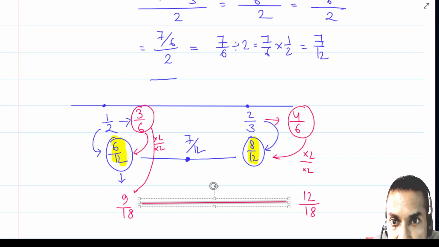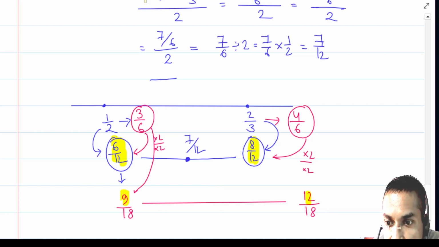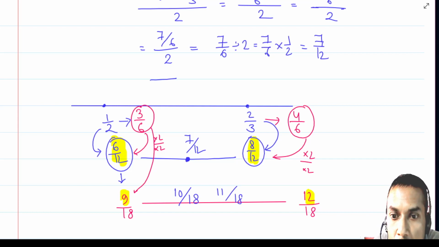Because in between 9 and 12, there are 10 and 11. So you get 10/18 and 11/18, two rational numbers in between 9/18 and 12/18.